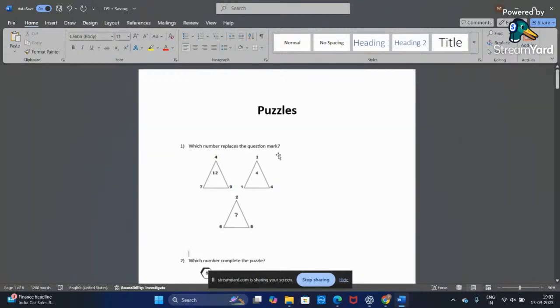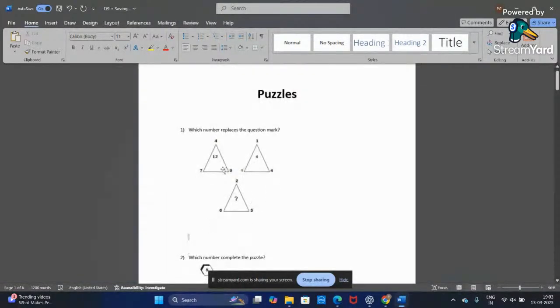Look at the question and analyze the answer. What is the logic behind this?